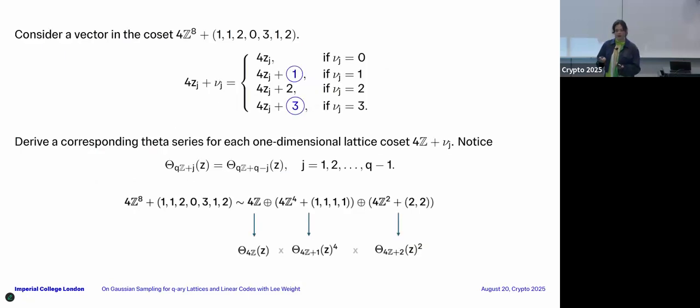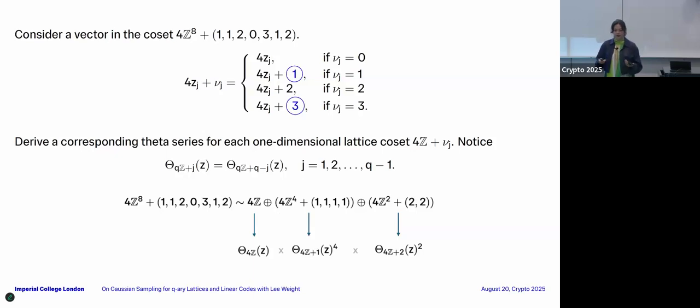So how do we see that connection between the theta series and the symmetrized weight enumerator? I'll do a really short example with Q equals 4 again. So we consider a coset defined by some code word, same code word as before. And then we'll analyze what all the possible entries of a coordinate in a vector in this coset can look like.